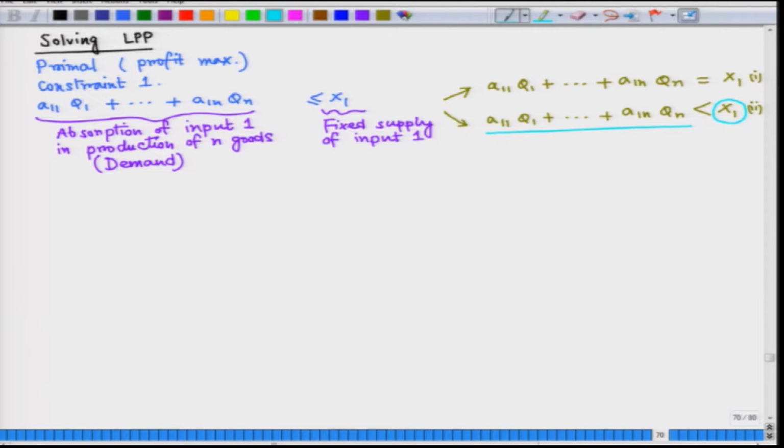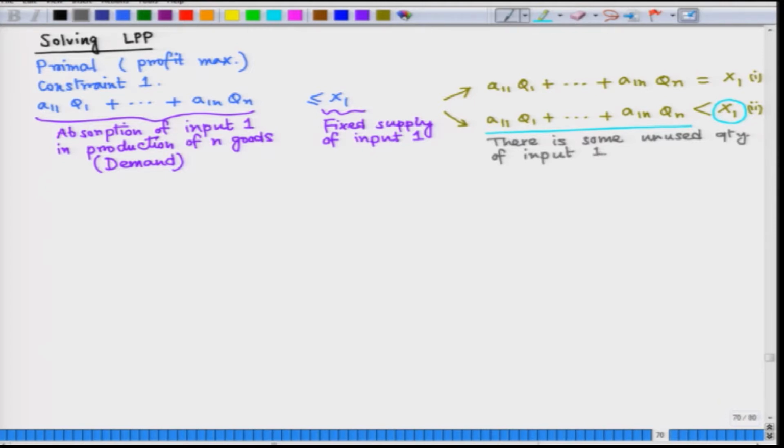In terms of this production problem, we can say that there is some unused quantity of input 1.